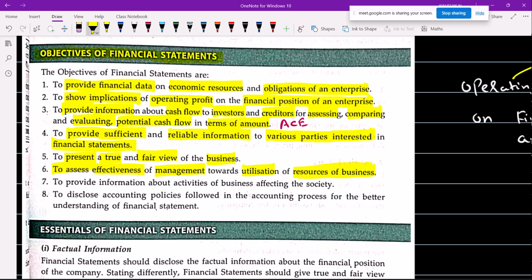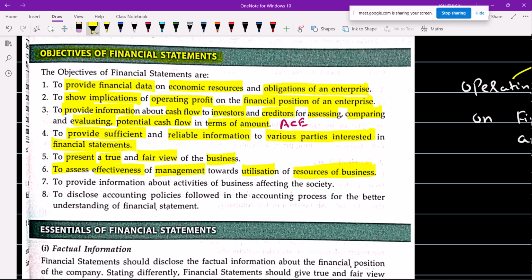In the same way, you learned two important terms there, effectiveness and efficiency. So you can identify from the financial statements how effectively the management has utilized the resources of the business.